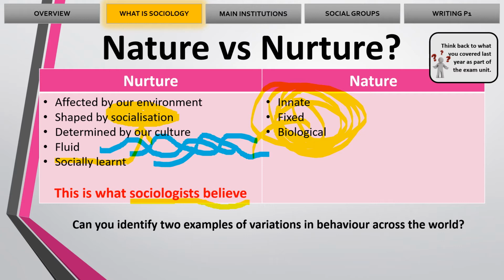So, if you think about behaviours around the world and how they vary, now, as I say, this link will be in the physical PowerPoint, not the video. But you can take a look at the video and maybe pick a couple of examples of how behaviour happens and changes across the world. And I suspect this is probably an HSBC video advert, so it shows you about cultural differences.